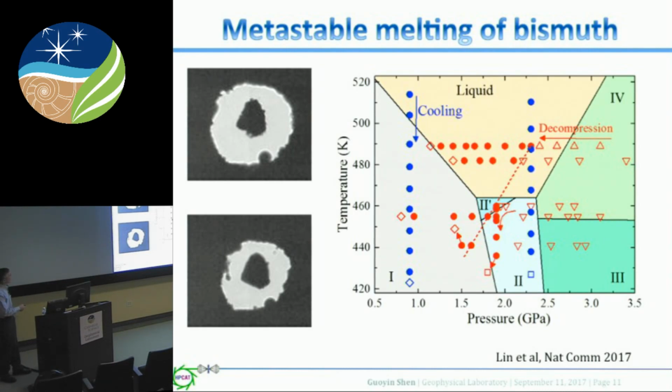The blue symbols here are the cooling path. So we increase temperature very high, to make sure it is thermodynamically molten bismuth. And as we cool down, we clearly see the supercooling effect for bismuth, until this temperature where it crystallizes.